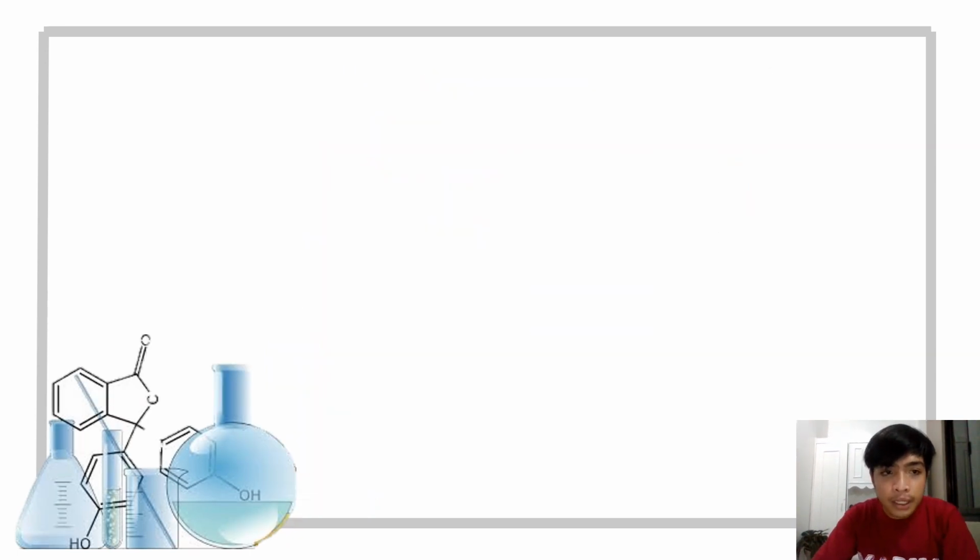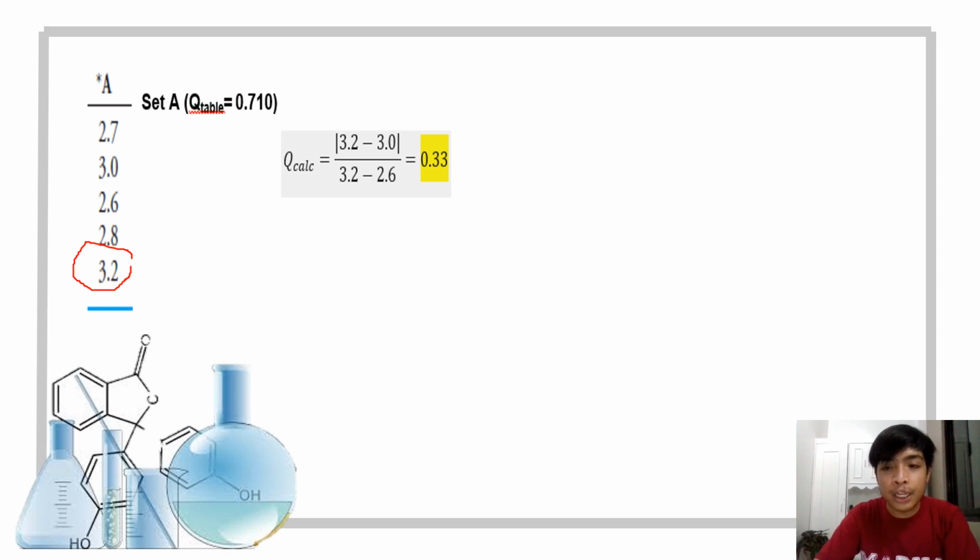Now for the calculation. For set A, the questionable value is 3.2, and from the table we obtain 0.710 as the critical value. From the calculation, the absolute value of 3.2, the questionable value, minus 3.0, the nearest value, all over 3.2, the highest value, minus 2.6, the lowest value, we obtain 0.33 as the Q calculated.